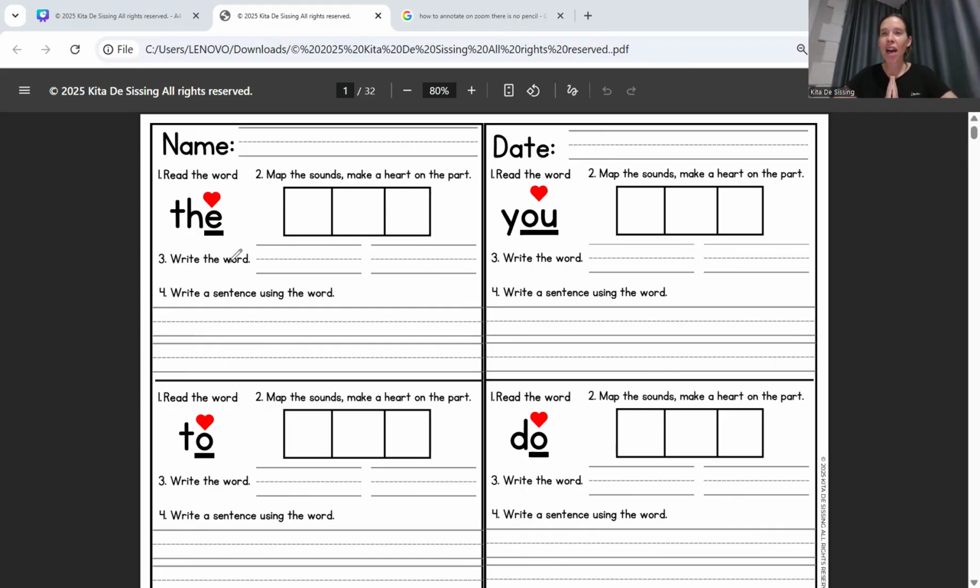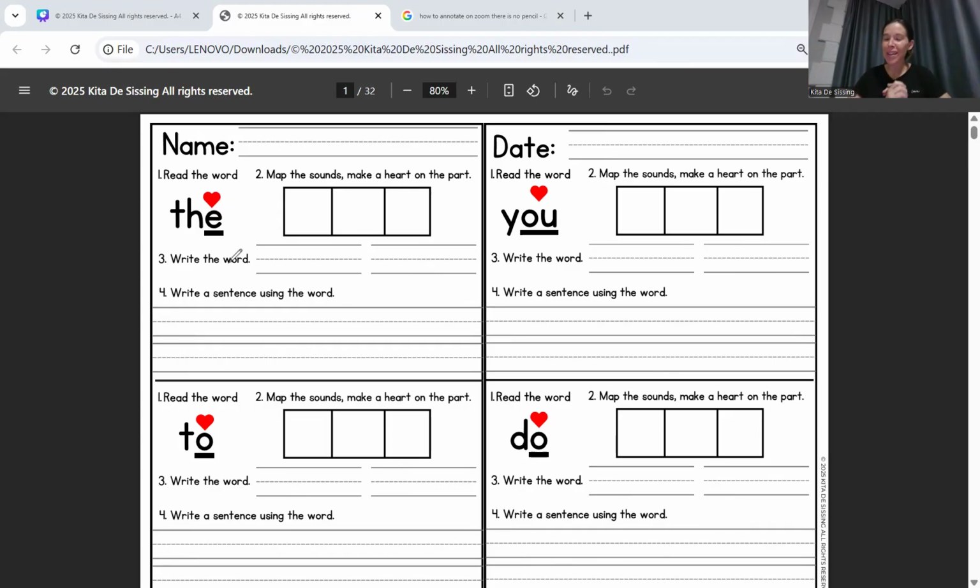The dog, the chair, the teacher, the sun, the. Let's stretch it out. The. Can you stretch it out even more? The.